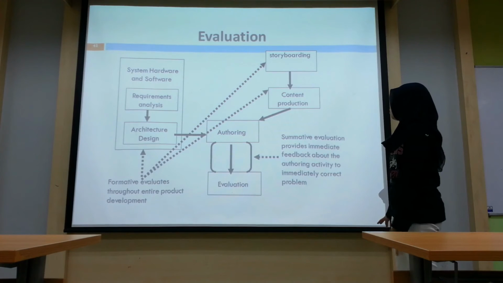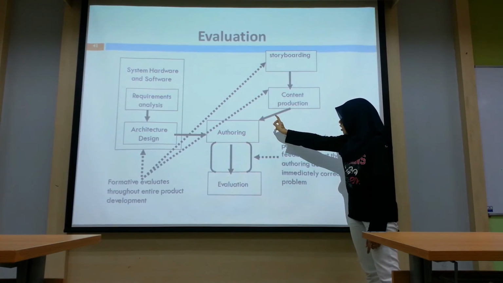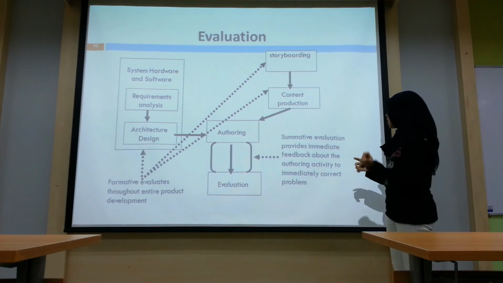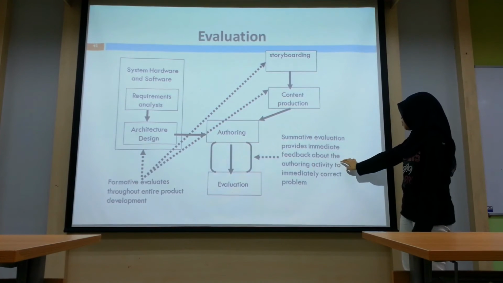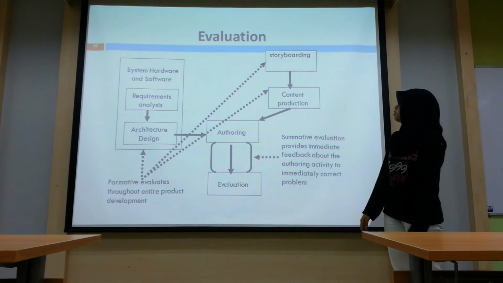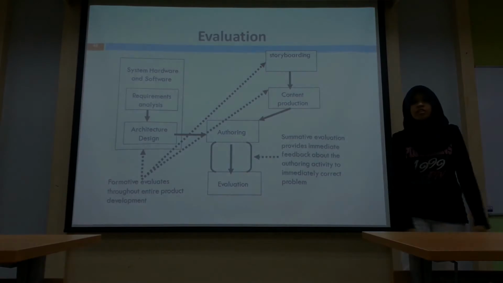Here is the flow. Like I said before, this is for summative evaluation, which provides immediate feedback about the occurring activity to immediately correct problems. That's all I can say about evaluation.